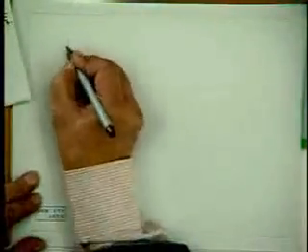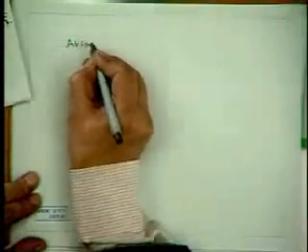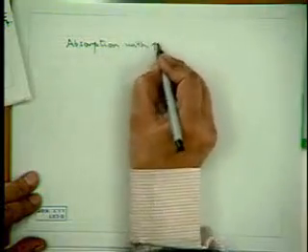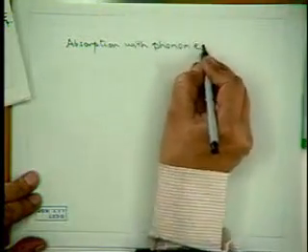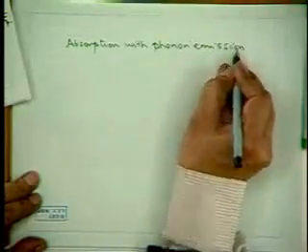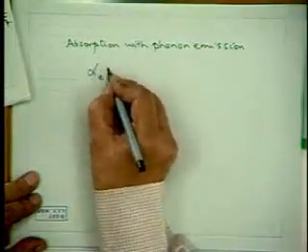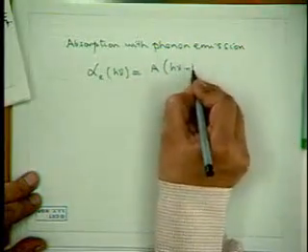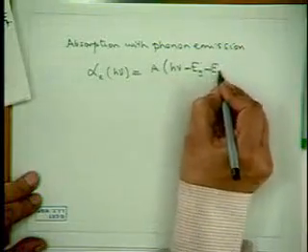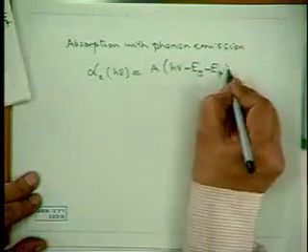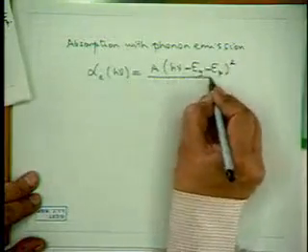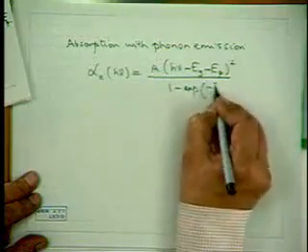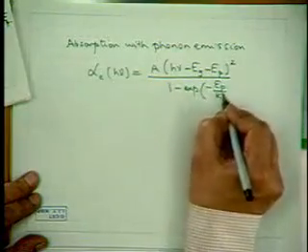For the case of absorption with phonon emission, alpha of h nu will be equal to a constant (h nu minus Eg minus Ep) squared over 1 minus exponential of minus Ep by kT.